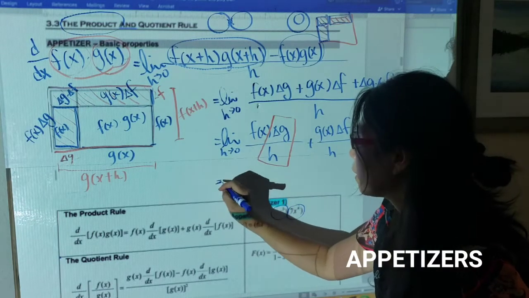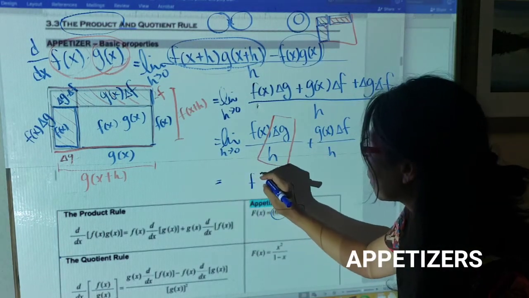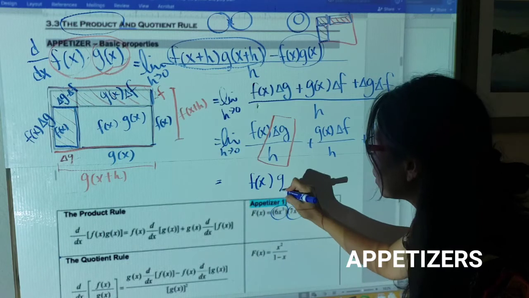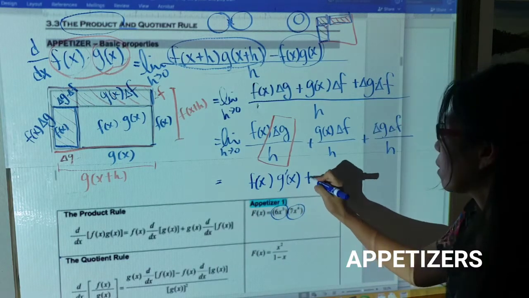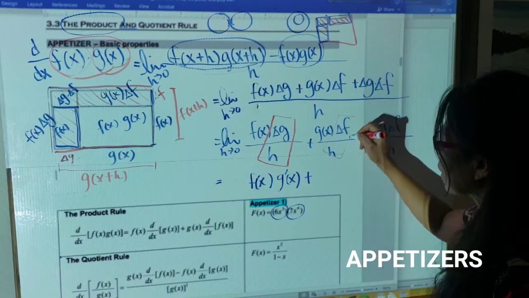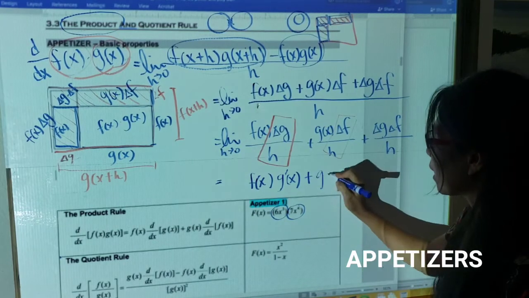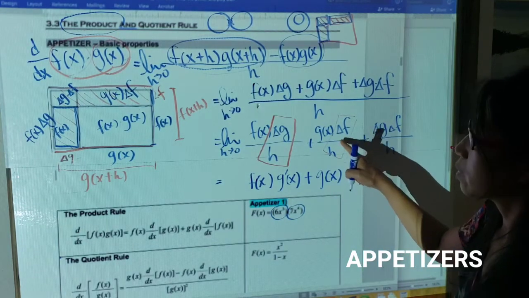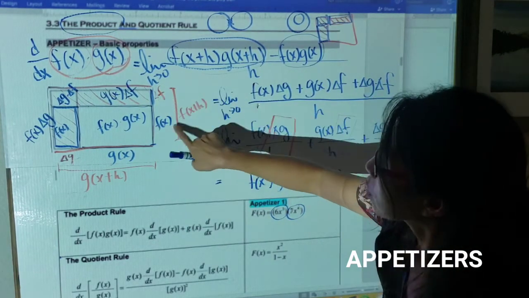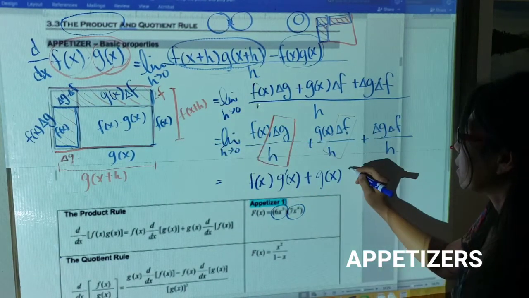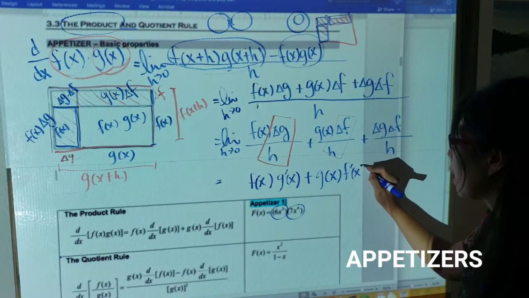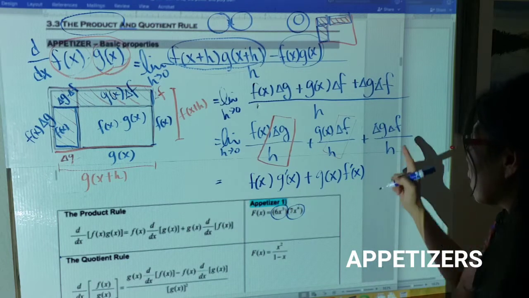So I can rewrite this as f of x times g derivative plus, again I have a g function of x, then what does that mean? Changes over f. How do I get that value? Subtracting this one over h. That is the definition of f derivative. Then how about here?